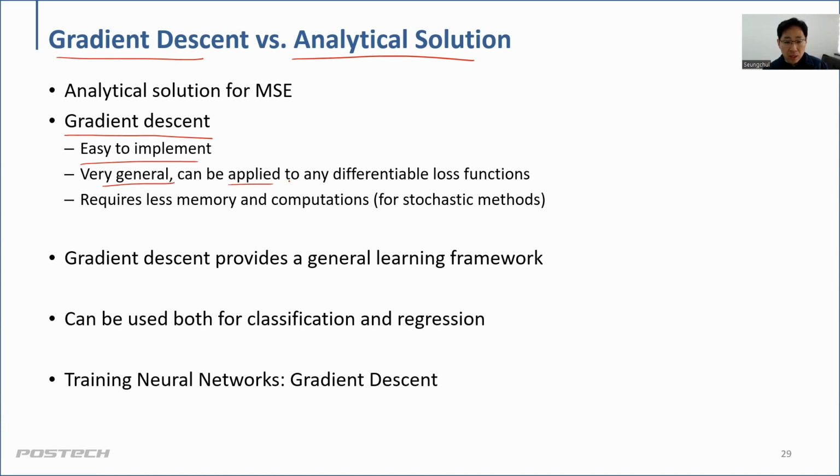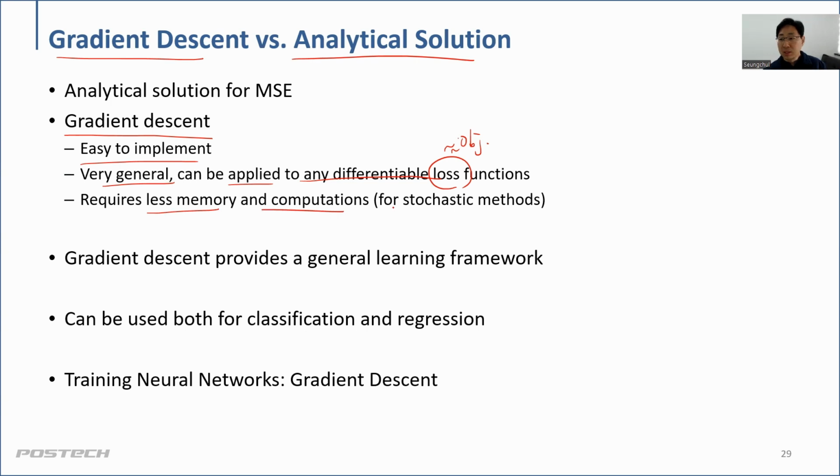It applies to any differentiable loss function. You can think of the loss function as the same as the objective function. So for any differentiable objective function you can apply gradient descent methods. That's why it's a very general approach, and it requires less memory and computation.